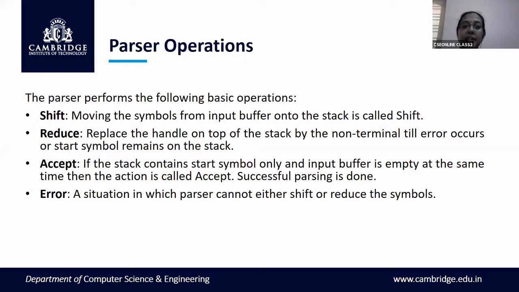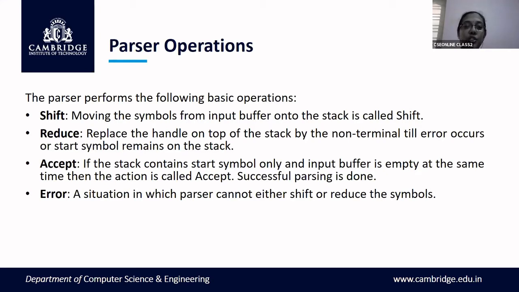You can relate the shift and reduce operations to the push and pop operations of the stack. Shifting is moving a symbol from the input buffer onto the stack. Reduce is replacing the symbols with a non-terminal symbol. These 2 operations, shift and reduce, take place on the stack.